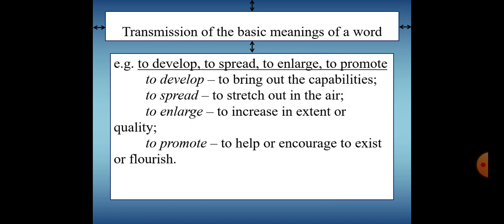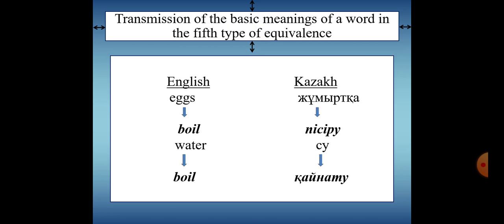And to promote means to help or encourage to exist or flourish. Here also you can see transmission of basic meanings of a word in the fifth type of equivalence in comparison of English and Kazakh languages.